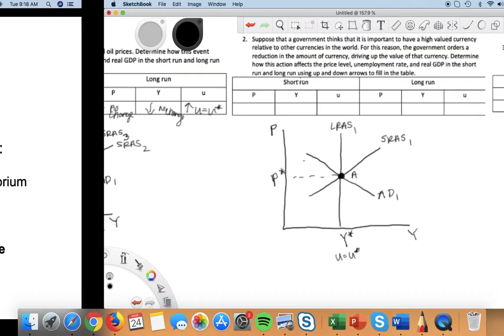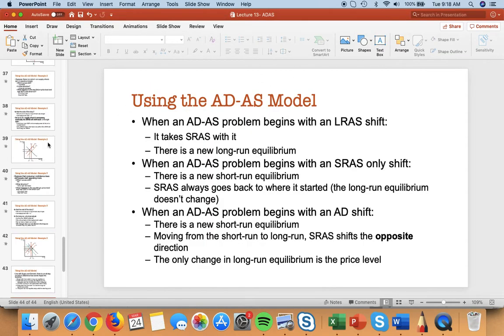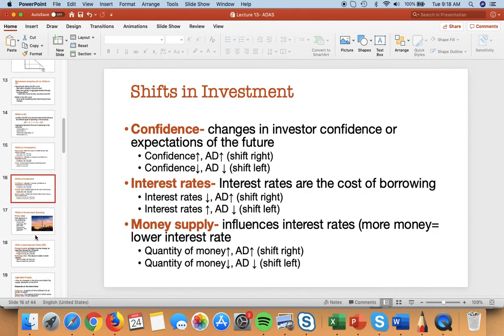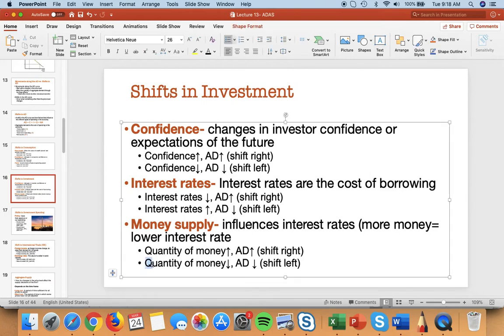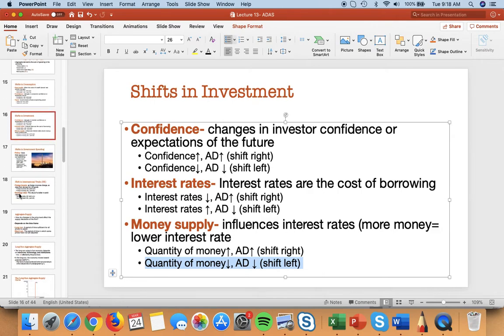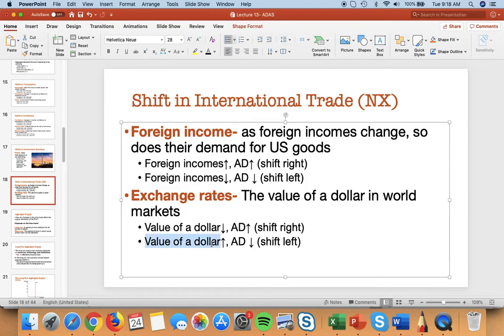So go back, reference the notes. If you look at your notes all the way in the beginning here, you could look at this a couple different ways. You could say we're reducing the amount of money, so the quantity of money is falling. That's going to decrease aggregate demand. Or you can look at driving up the value of that currency. So if you go here, the value of $1 goes up, aggregate demand shifts left.